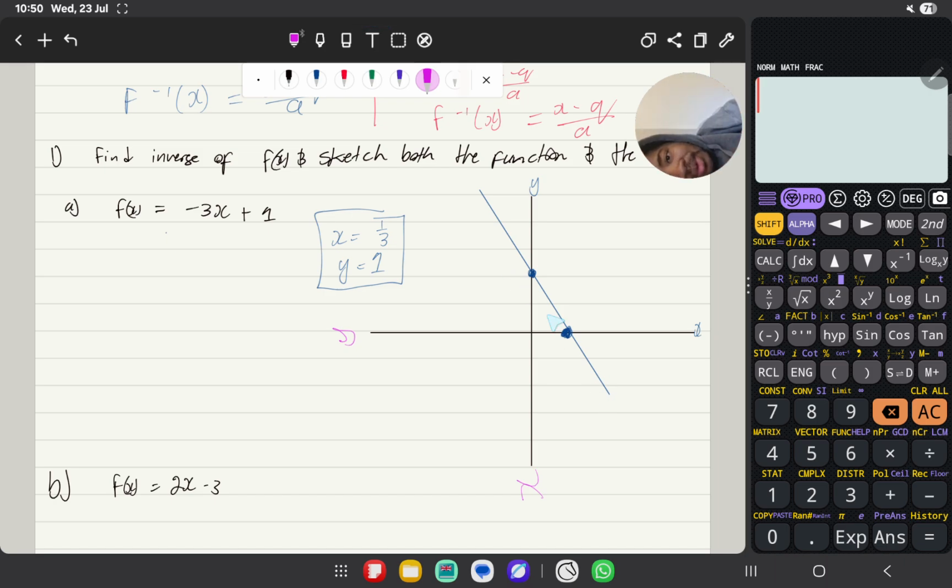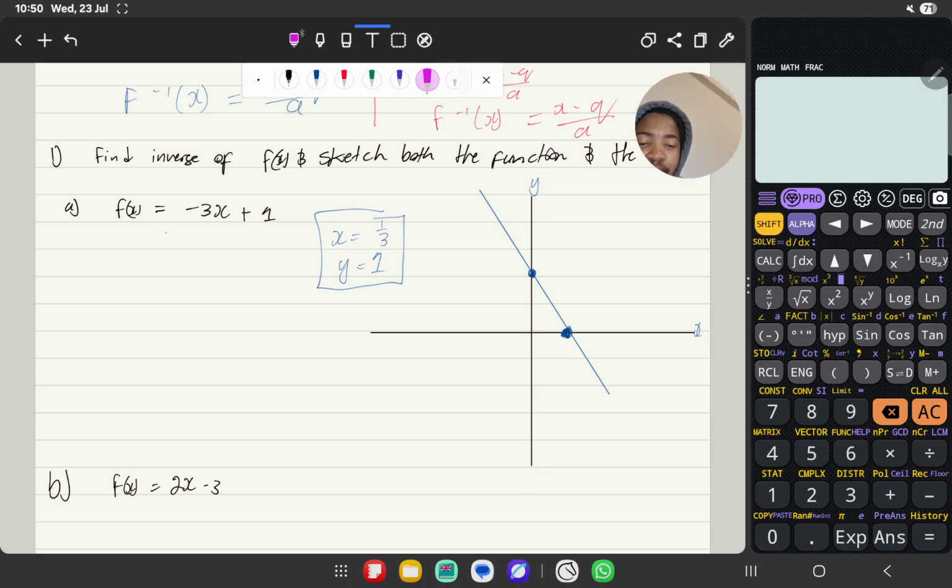So I'm guessing the inverse is going to be something like this. I don't know, that is just a theory I have. We have a chance to probably test it.